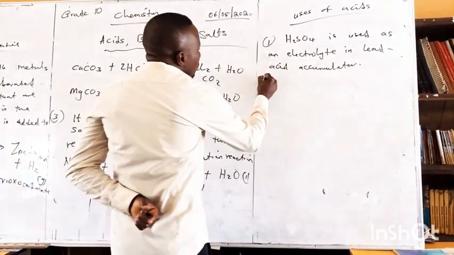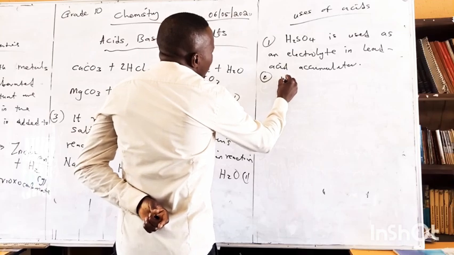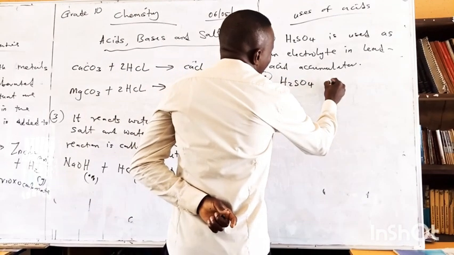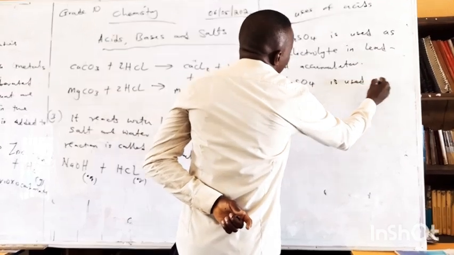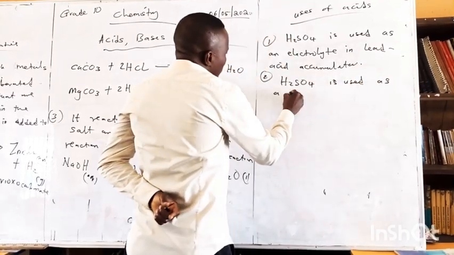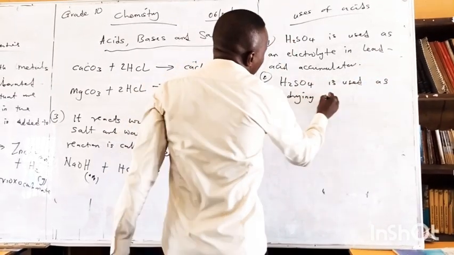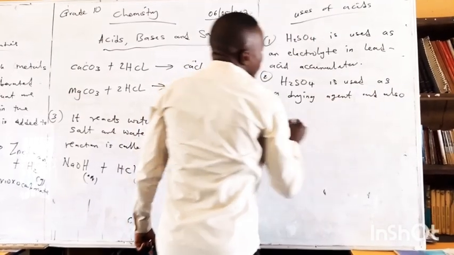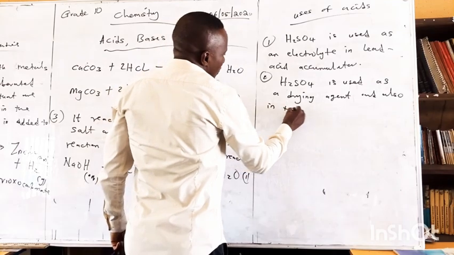Number 2, H2SO4 can also be used as a drying agent, and also in the manufacture of fertilizers.